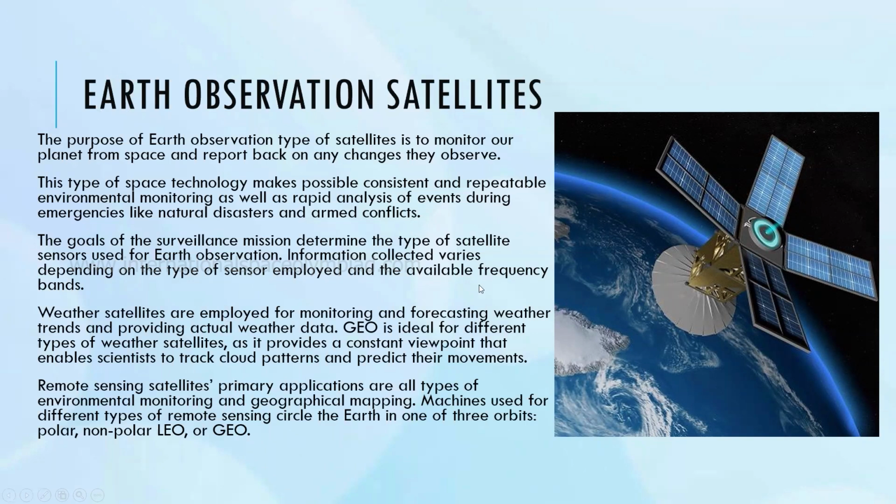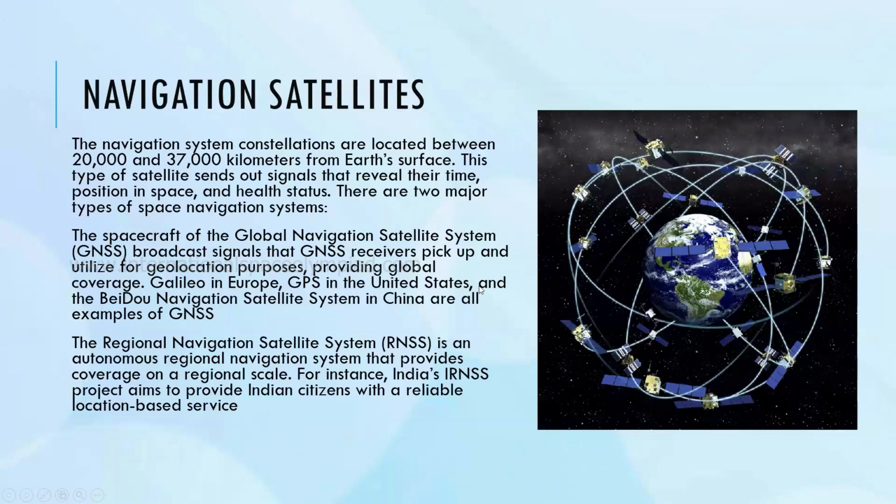Okay. The next one is the navigation satellites. Usually these navigation satellites are all in the medium Earth orbit. So, navigation satellite system constellation. Why is it called a constellation? It is something like a star constellation, a group of satellites. For example, in the case of GLONASS or GPS, it is not a single satellite.